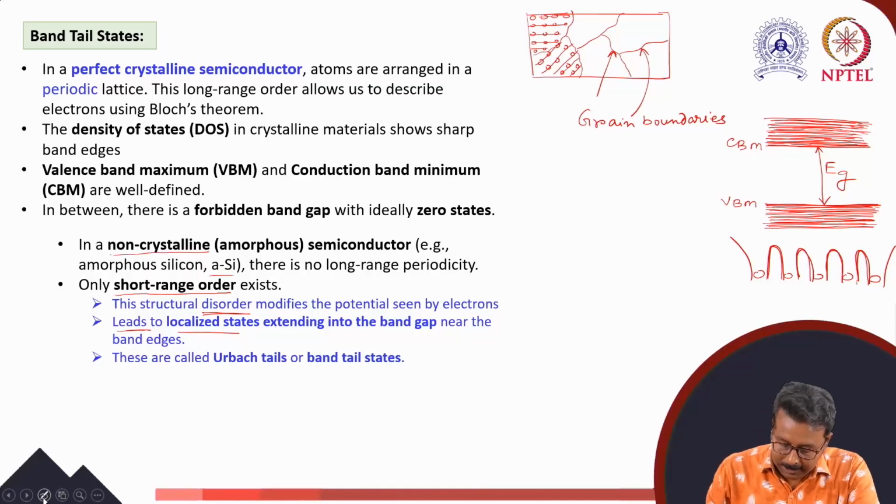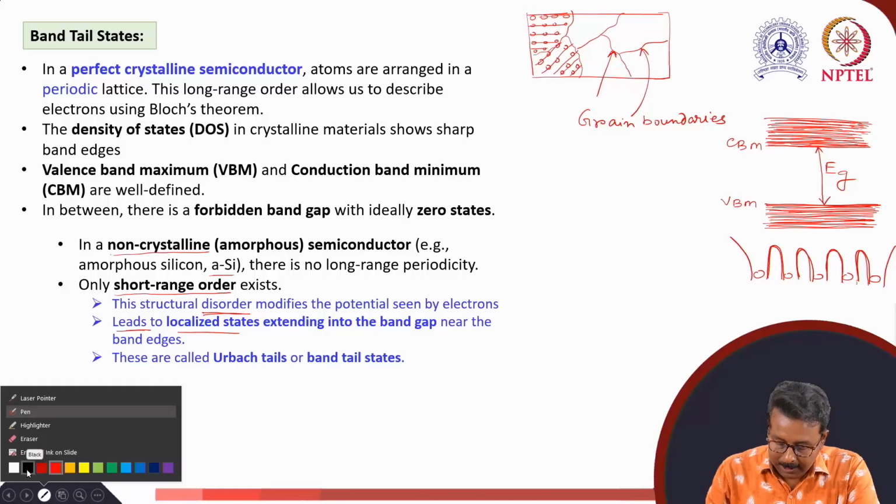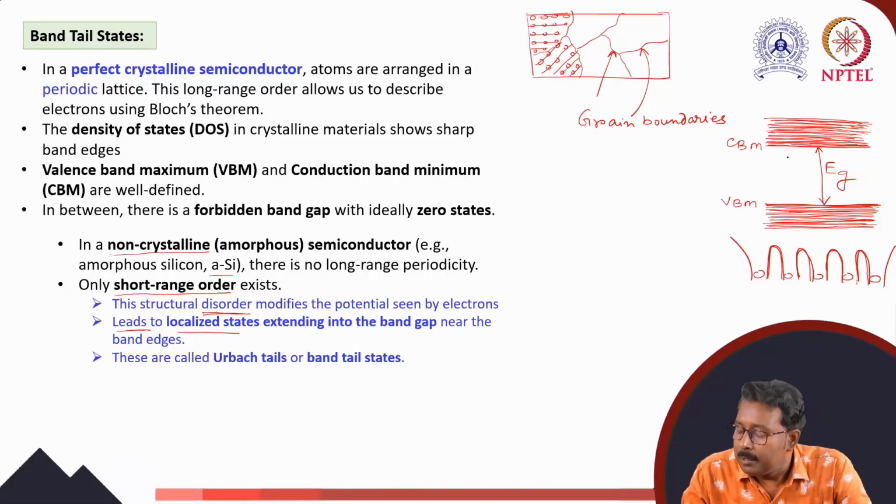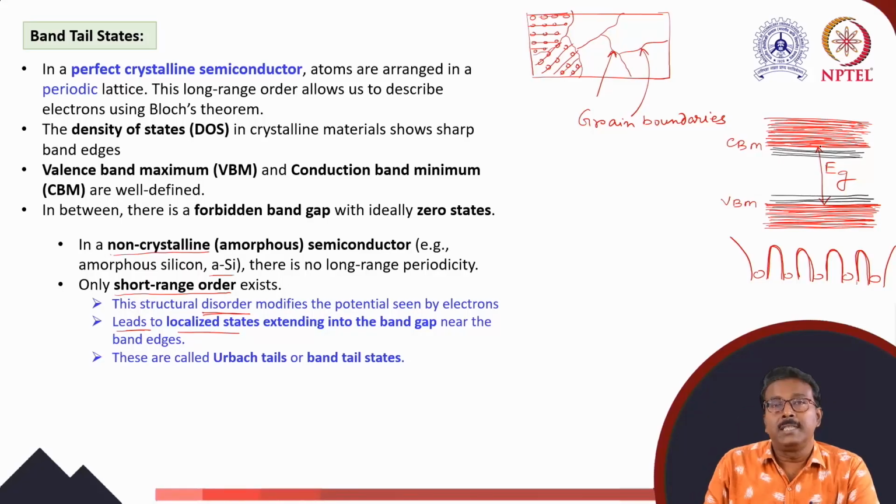Let us mark it by a different color. Suppose these are the new energy bands which exist for amorphous material, and these states are localized in this sense.